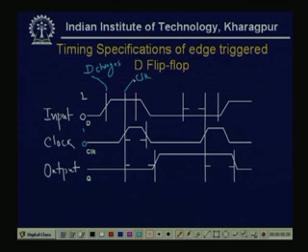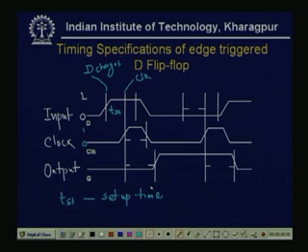Because the setup time we defined as the time for which the input D is kept steady before the clock changes, this should be my T setup. This is my setup time.